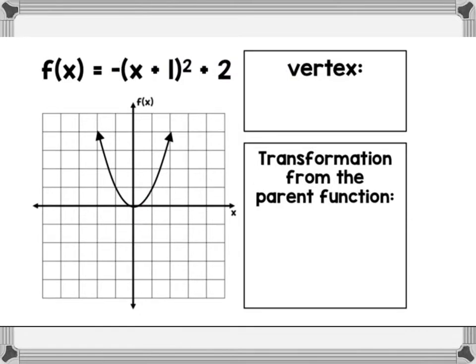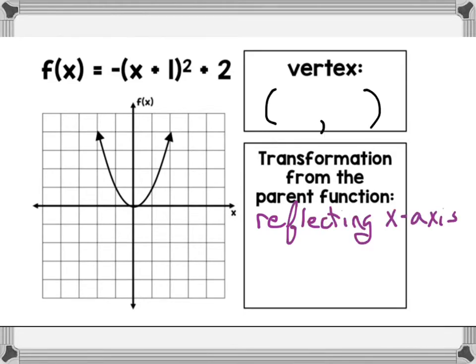The next one, our A, is just a -1, so that means all I'm doing is reflecting. So reflecting across the x-axis, there is no stretch or compression, but our vertex, again, we do opposite inside, so opposite of +1 is -1, same outside 2. So I'm at -1, +2, and so that puts my vertex here.